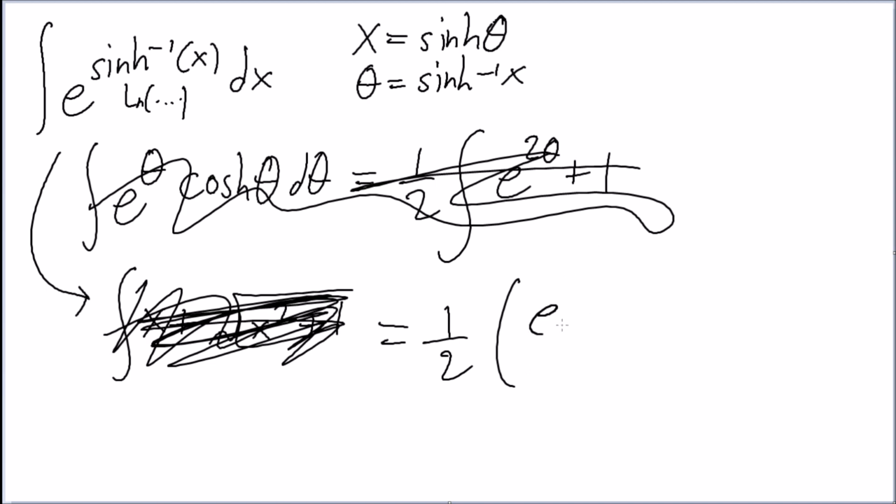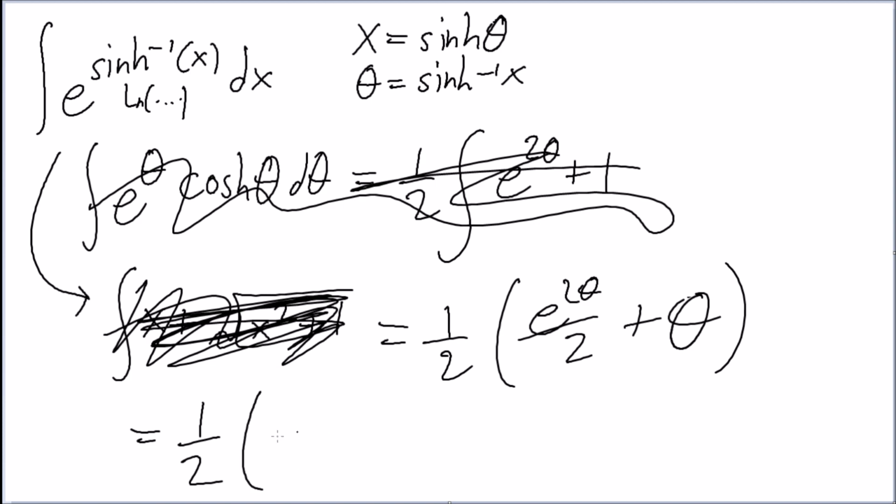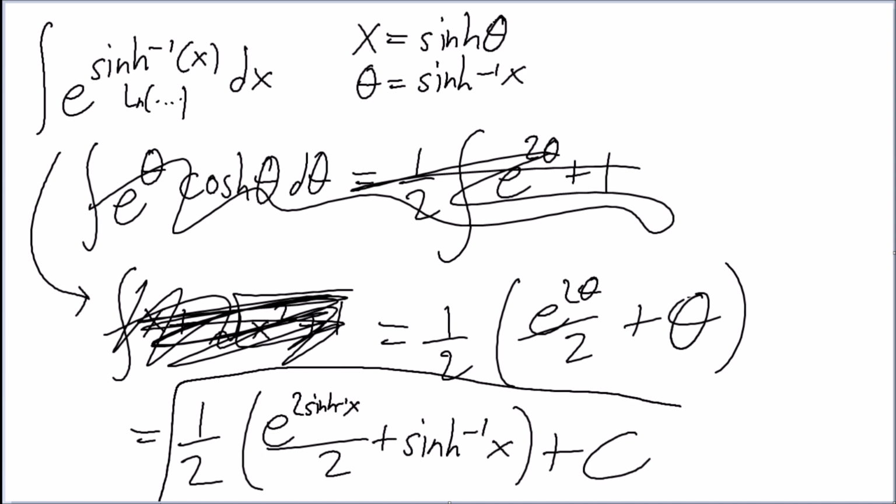You know what, screw it. e to 2 theta over 2 plus theta, and then this would be, theta would be inverse sinh over 2 plus inverse sinh. There you go, that's my answer.